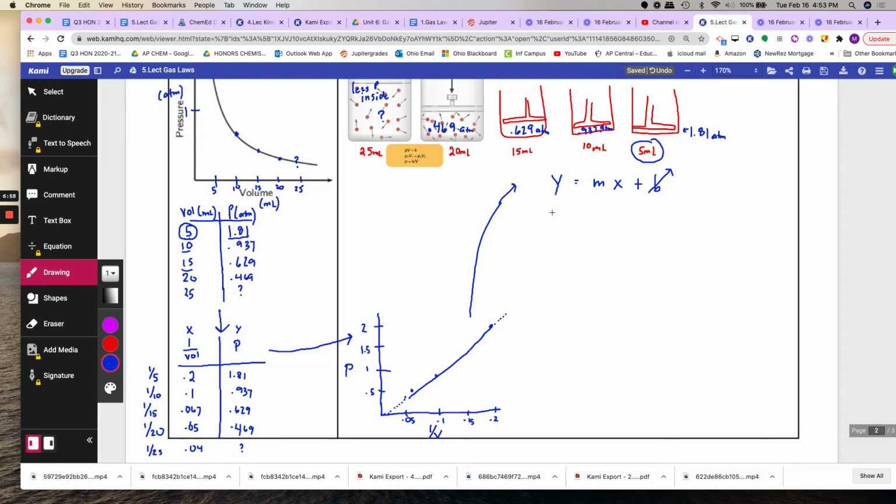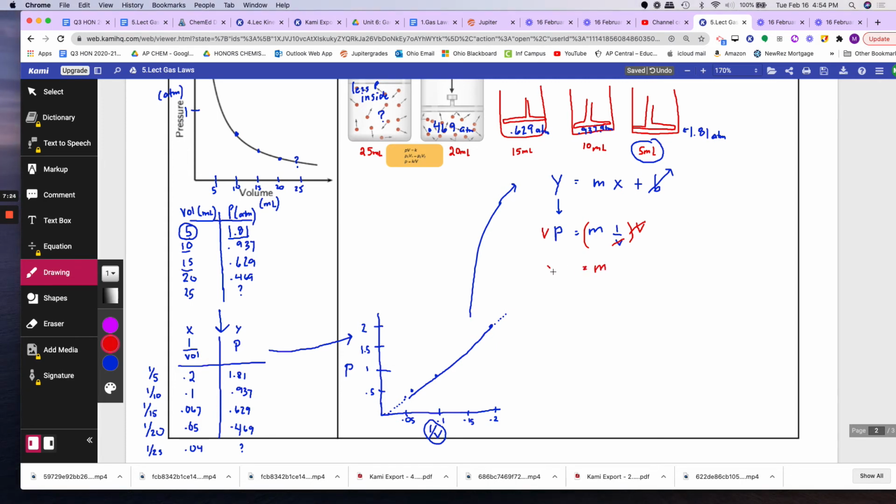On the y-axis it is P, equals the slope times the x-axis, which is 1 over V. Solving for m, we can multiply both sides by V. M is equal to VP, which, if this is the first condition, is equal to V1 P1.